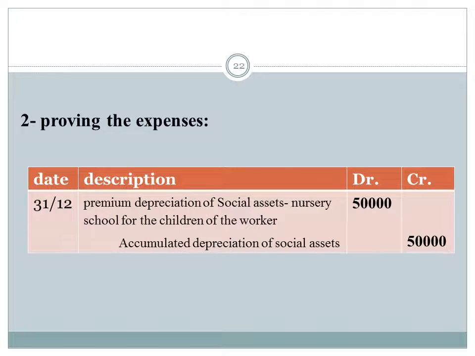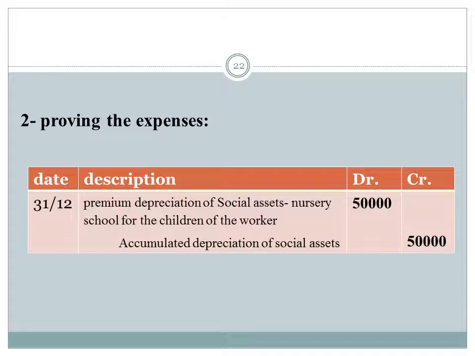At the end of the year, we should calculate the depreciation of the social asset. Depreciation of social assets is calculated according to the straight line method. The amount of depreciation equals the cost of the social asset divided by the useful life of the asset.